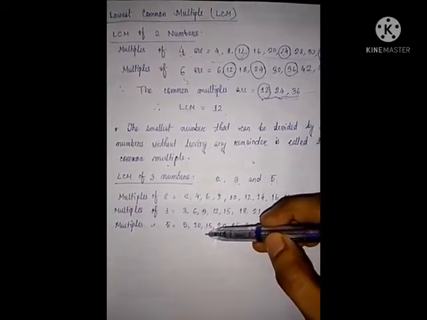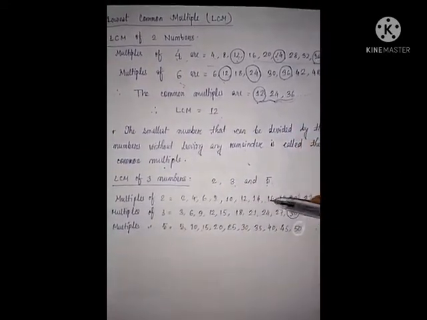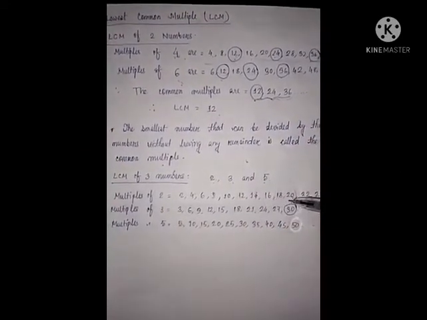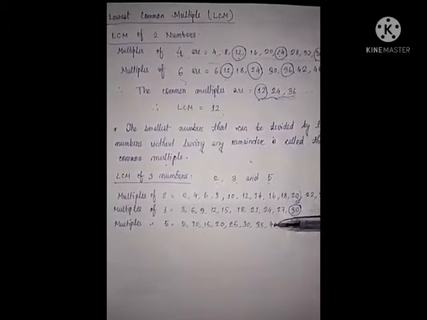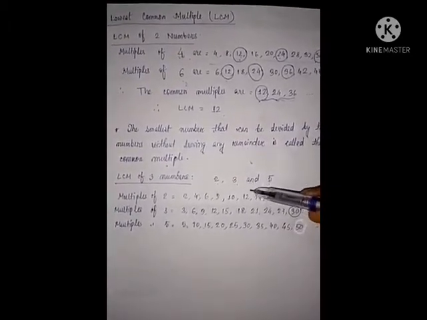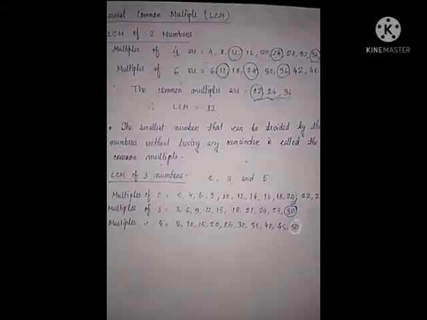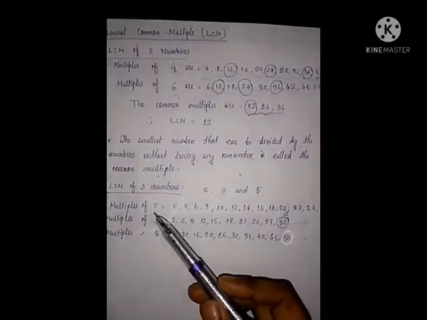In the multiples of 3 and 5, 2 is absent. So like this, check all the other numbers, all are absent. These are not common in all these 3 numbers. So we have to further write multiples of 2.